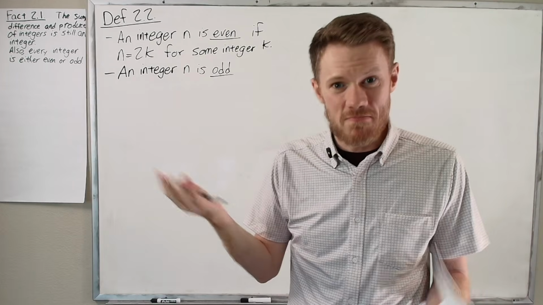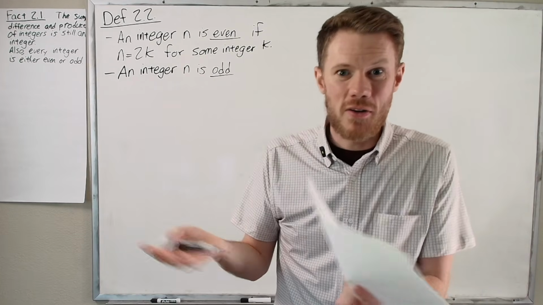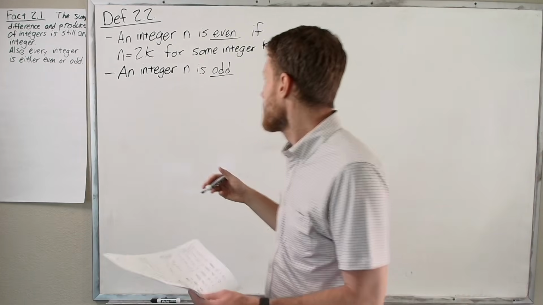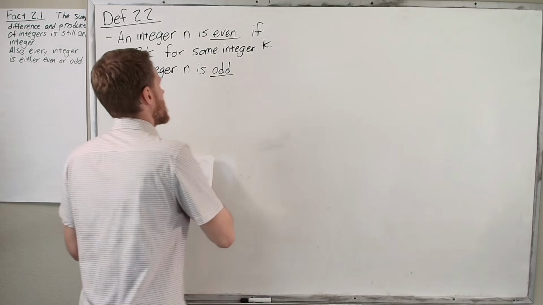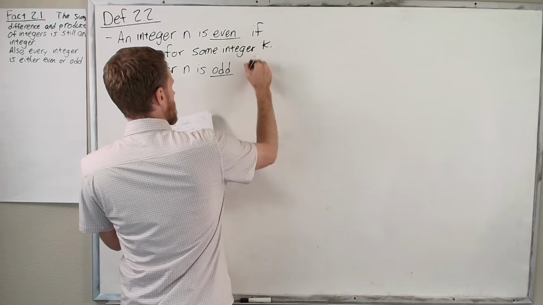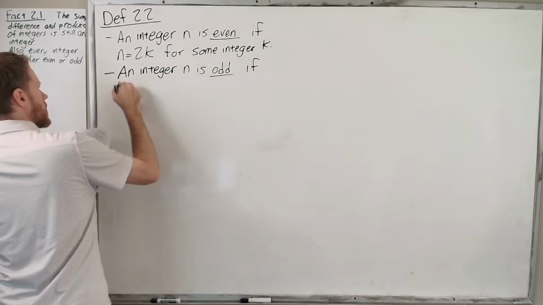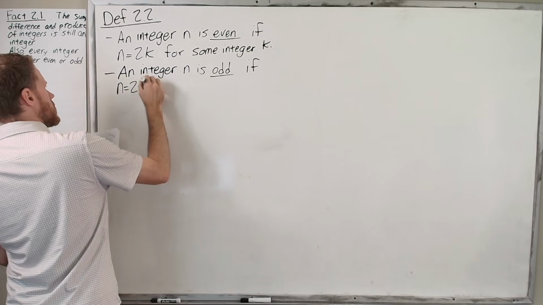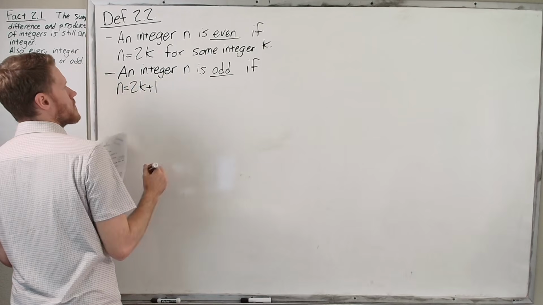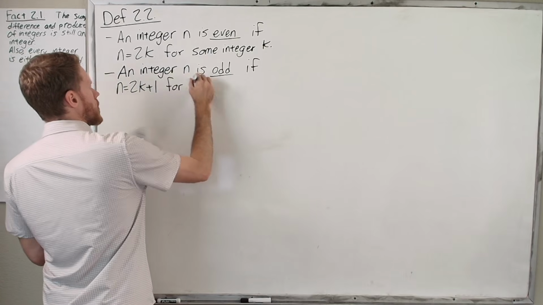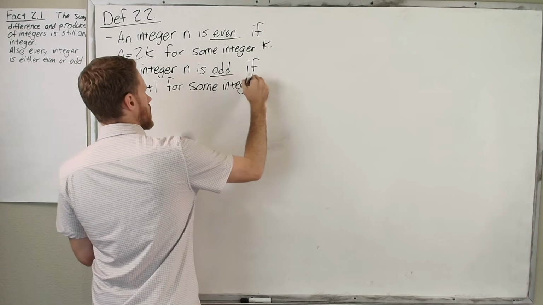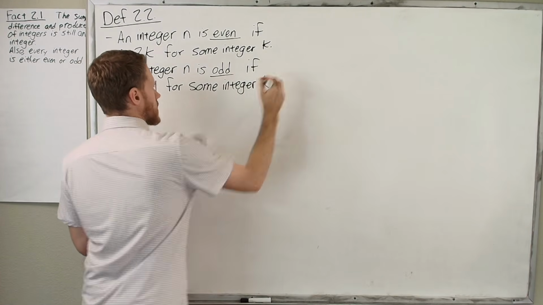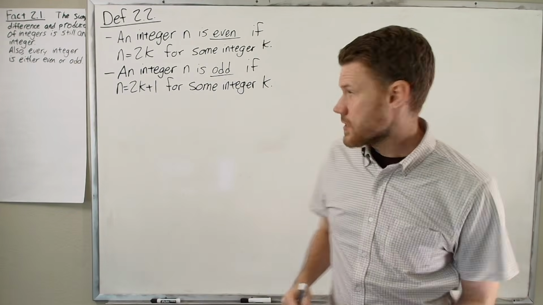That's a good thing, and now you just have other integers that you're working with. So let's do the same thing for odd. An integer n is odd if n equals 2k plus 1 for some integer k. Does that make sense?